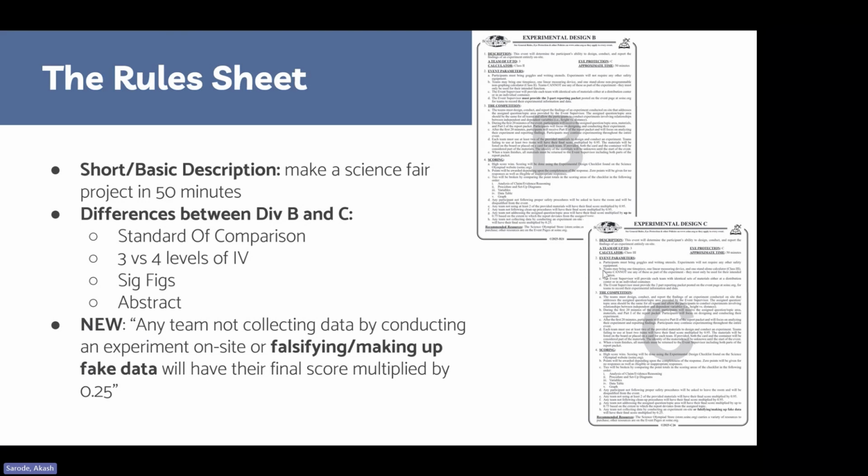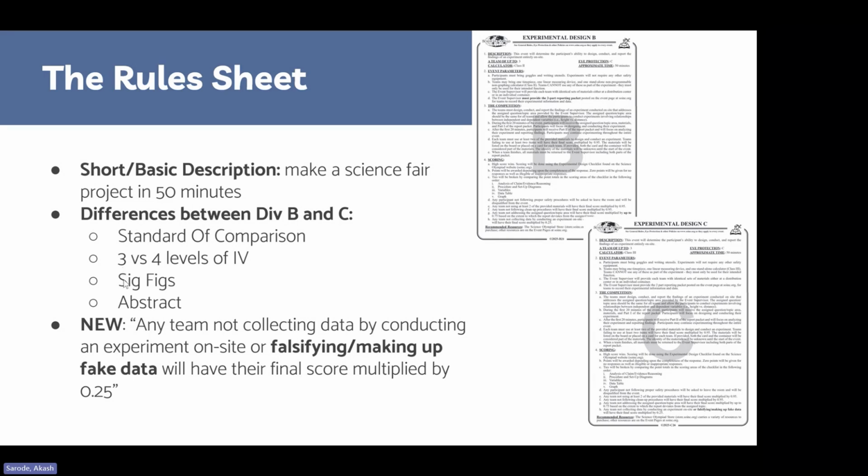For the most part, the template they have to fill out is very similar between Division B and Division C, but some of the main differences outlined here are that in Div C, you have to fill out a standard of comparison on the first page. And in Div C, in the rubric for the event, if you want to get full points, you have to do 4 IV levels instead of 3.